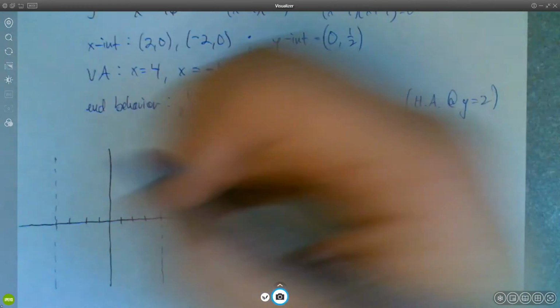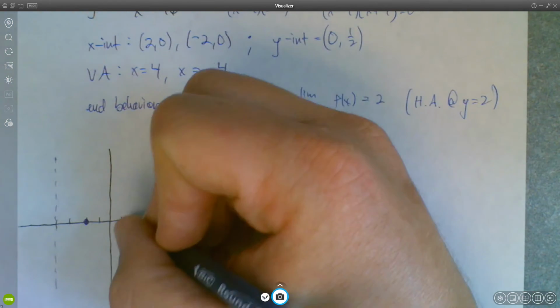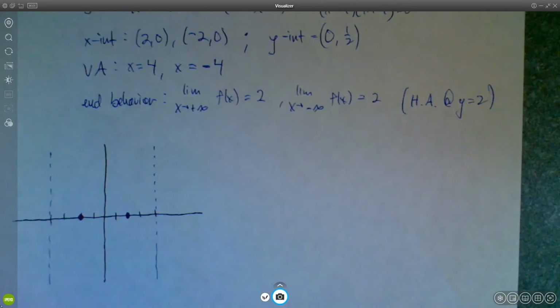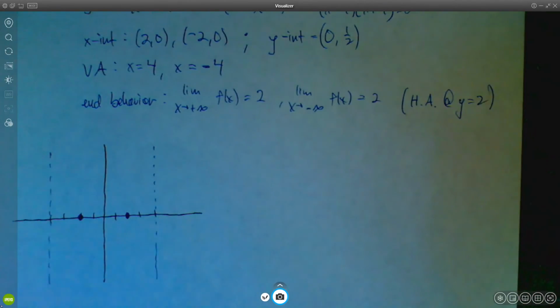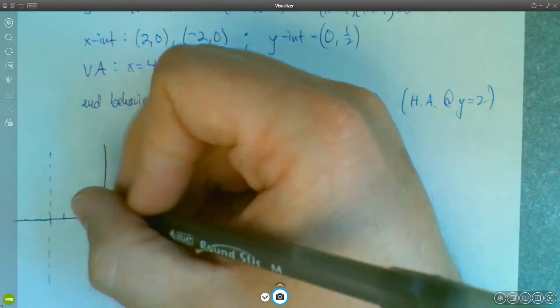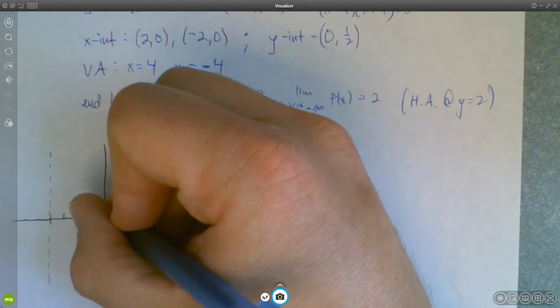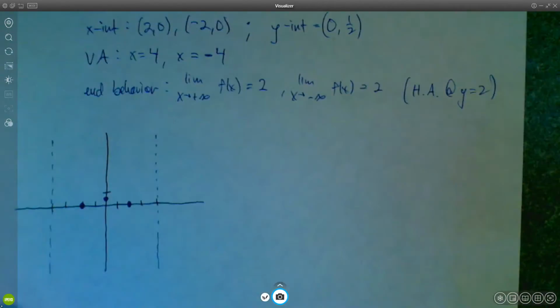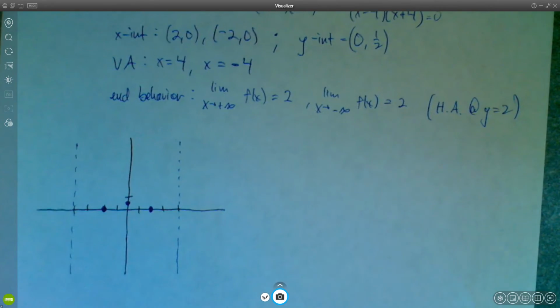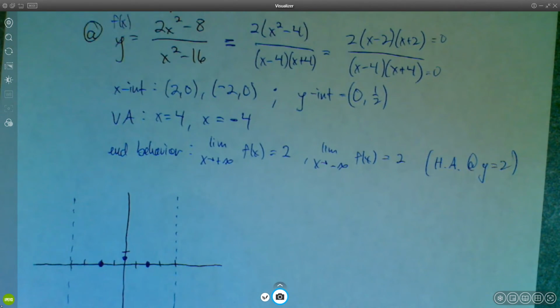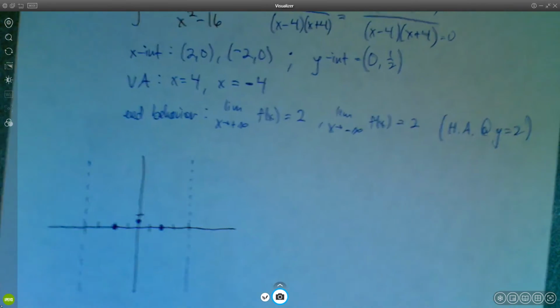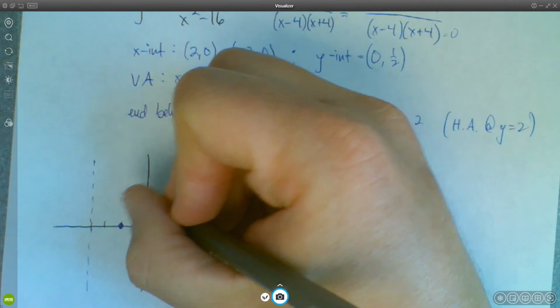I've got x-intercepts at negative 2 and positive 2. I've got a y-intercept at (0, 1/2). I might regret making this graph too small, but this is what I know so far. Oh, and I've got a horizontal asymptote at y equals 2.